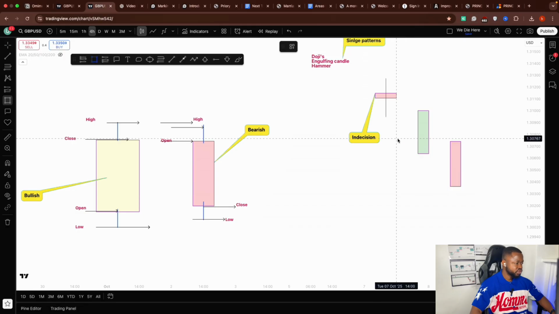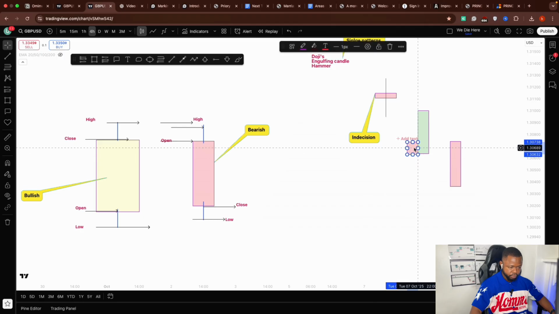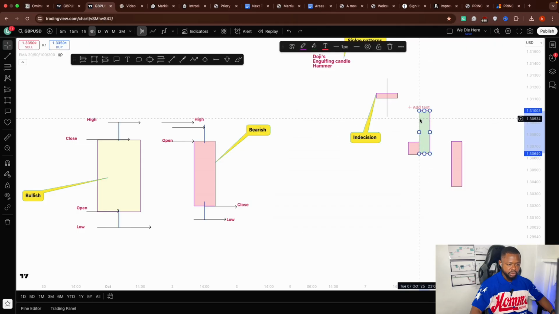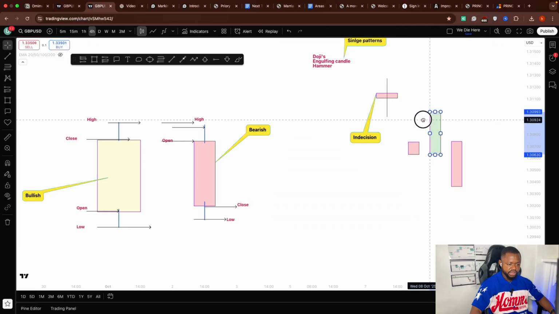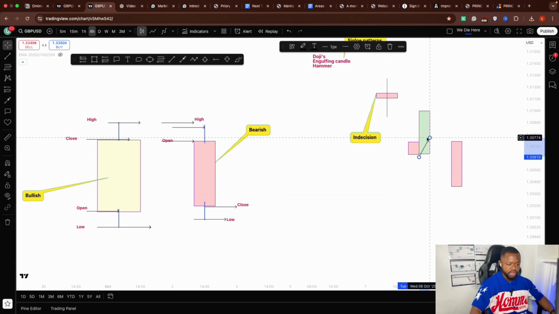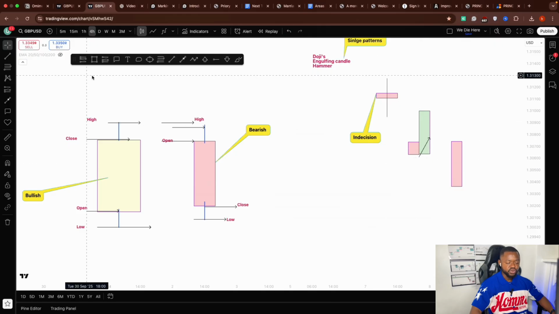Let's say we have a little candlestick right around here. You can see how this candlestick here totally engulfed this other candle by the side. That's why it is called an engulfing candlestick. So for the bearish side, you can have it the same way.